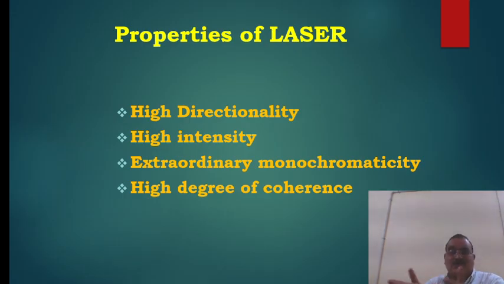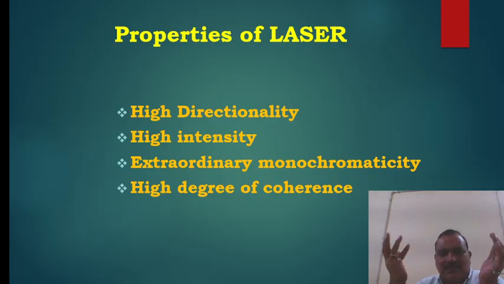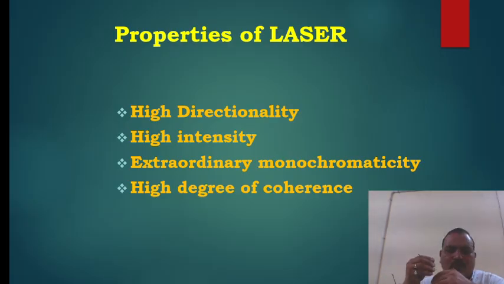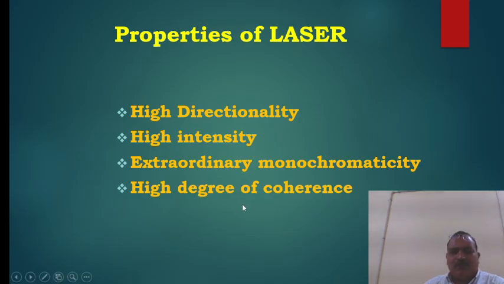Generally, sodium lamp has two wavelengths, 5896 and 5890. We can say the sodium light is a coherent source of light, but we cannot say it is highly coherent. Our laser light is highly coherent. Let's see the physics behind these four properties.